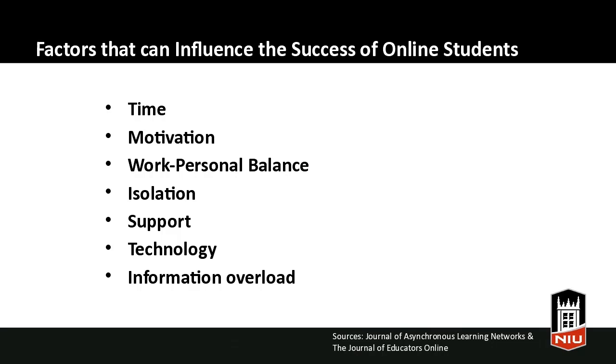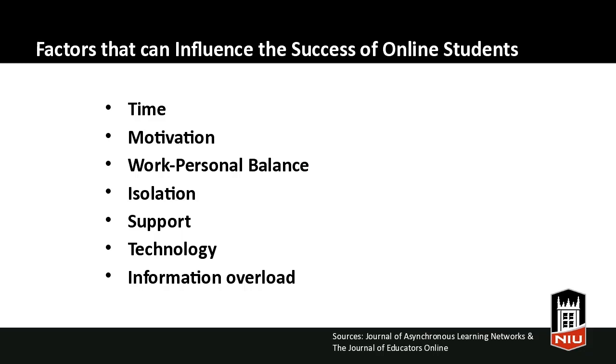But let's begin by talking about some factors that can influence the success of our online students. You can read through the bullet points yourself. I might pick a couple out, but there are things that really influence all of our student success, but maybe they're a little bit more obvious when you're in an online environment.